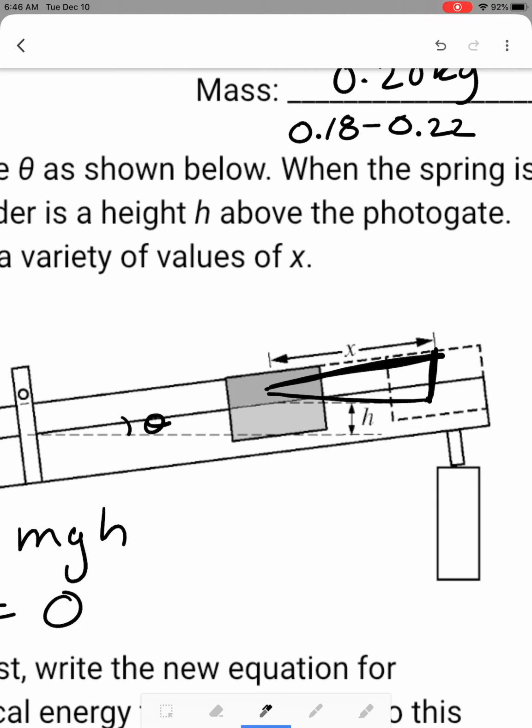So here's my length x. So I need to figure out what is that height right there. Well, here's theta. I know what the hypotenuse is. It's x. So that height is going to be x sine of theta. So really, my final height is equal to h plus x sine of theta.